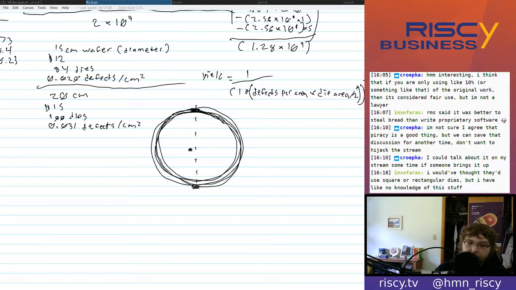Yeah, in the picture in the book of a wafer, they're rectangular dies, 20.7 by 10.5 millimeters for an i7.